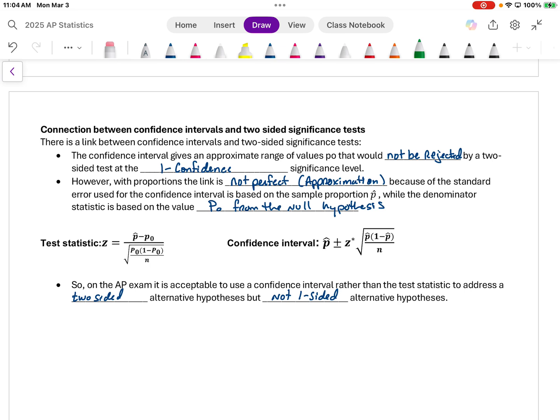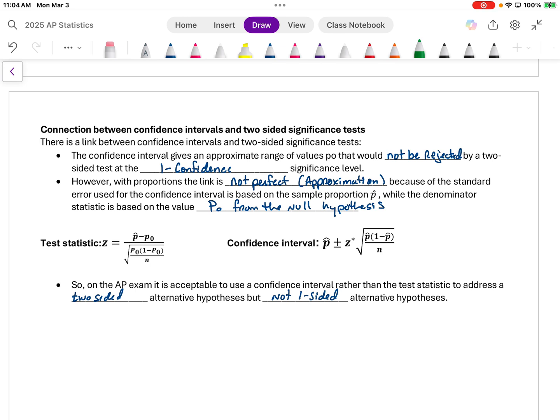However, with proportions, the link is not perfect. It's an approximation because the standard error used for confidence intervals is based on the sample proportion P hat, whereas in our hypothesis test it's based on the null hypothesis, not the P hat.